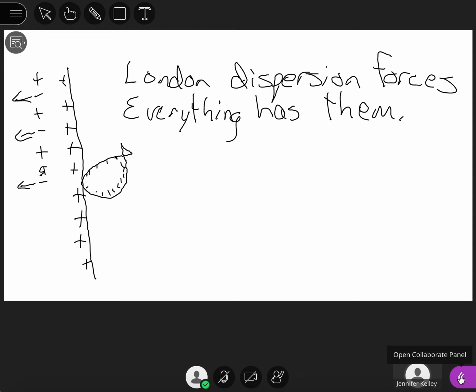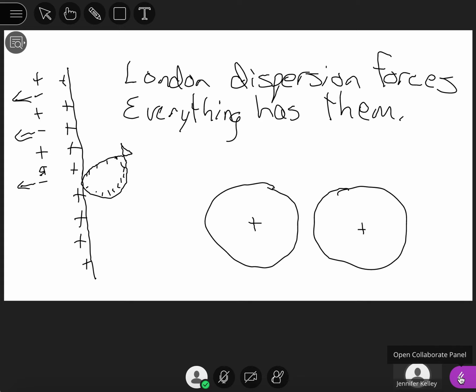And London dispersion forces are pretty similar in that you have one atom and you have another atom and they have a positive nucleus. And let's say we're just looking at hydrogen, all right? So you start off like this. So the electrons are in those two spots. And as you bring them close together, one of the electrons is kind of scoot to the back. So let's say it's this one.